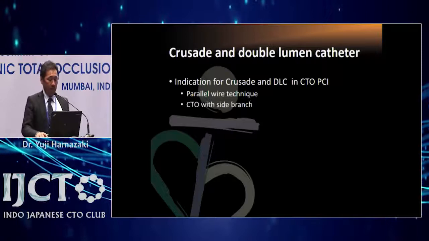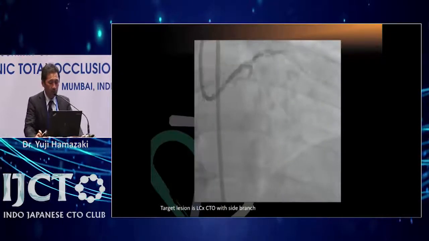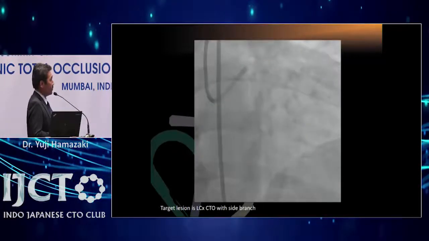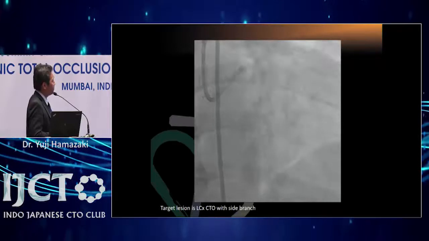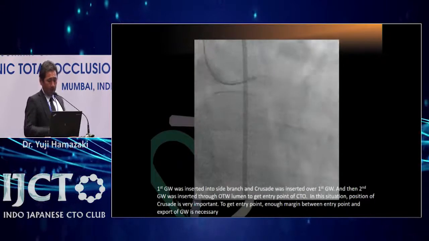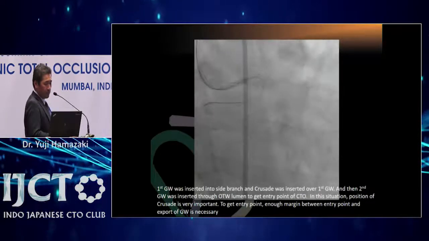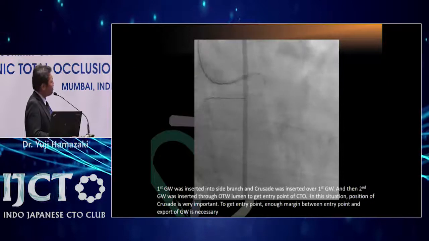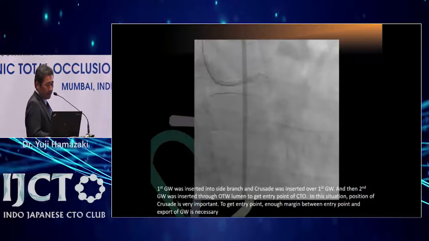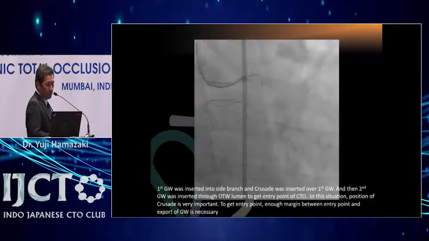The next indication is the CTO with a side branch. The target region is an LCX CTO with a side branch. The target region is here. The first guide wire was inserted into the side branch, and the Crusader was inserted over the first guide wire, and then the second guide wire was inserted through the OTW lumen to get the entry point of the CTO.